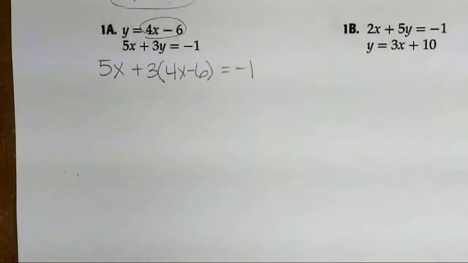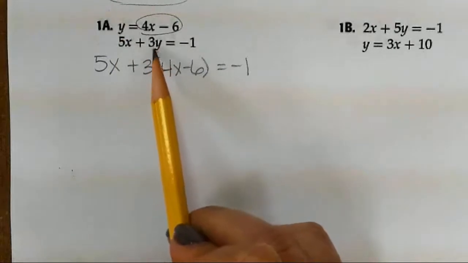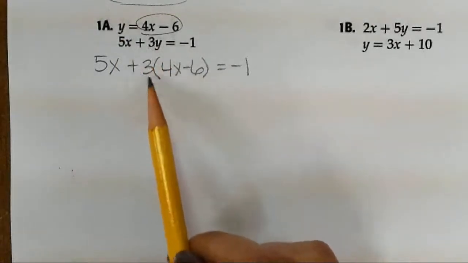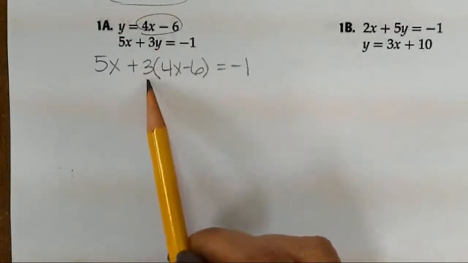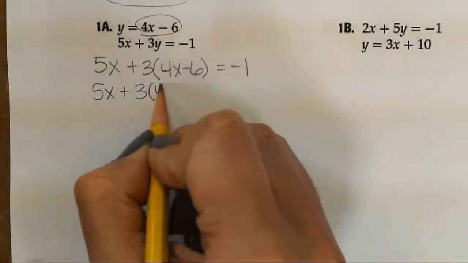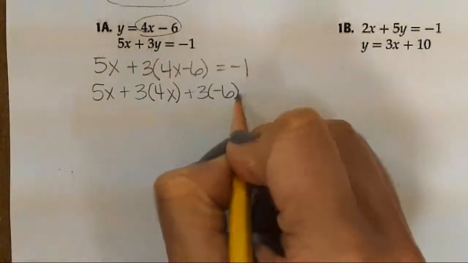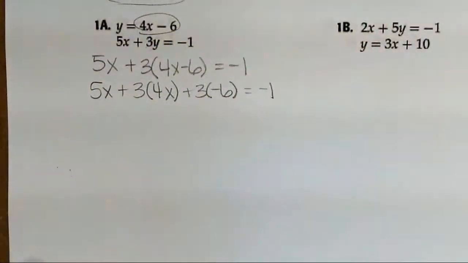All I did there was simply substitute what I already have for y into this y. But this y is being multiplied by 3, so that's why I'm distributing now. So I have 5x plus 3 times 4x plus 3 times negative 6 equals negative 1.